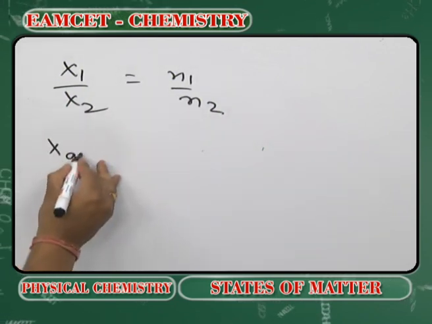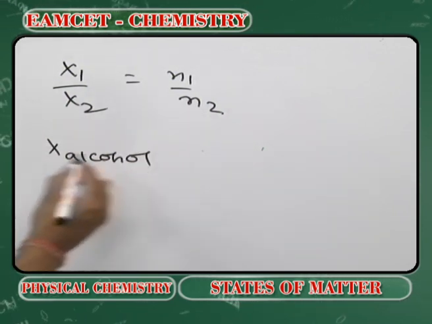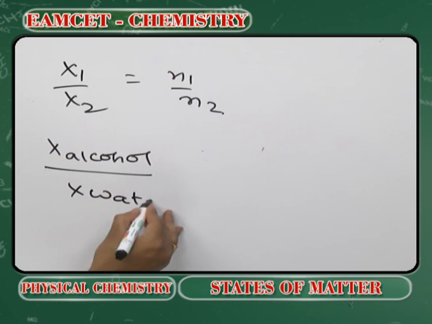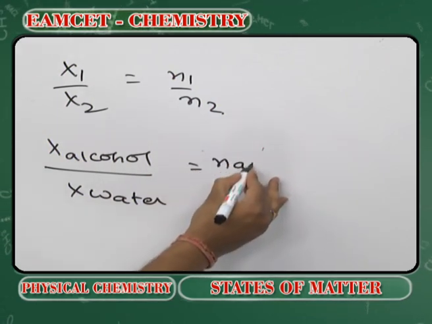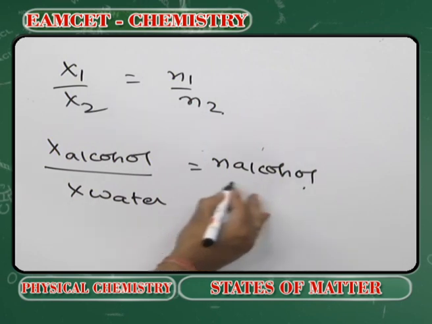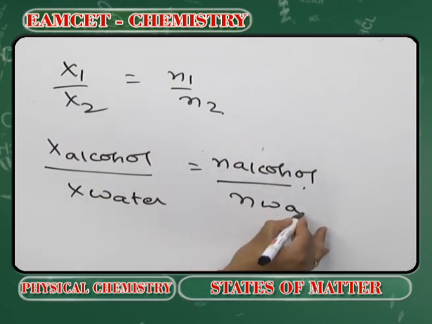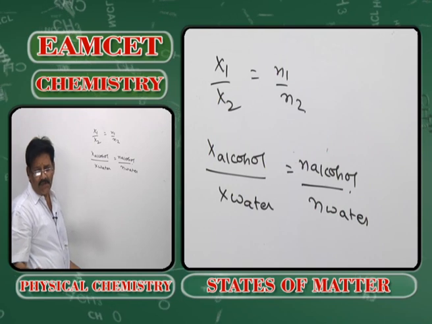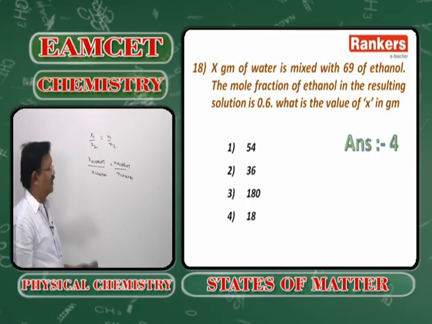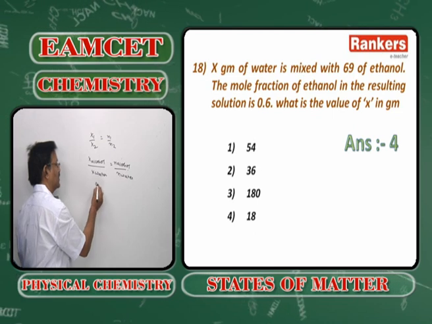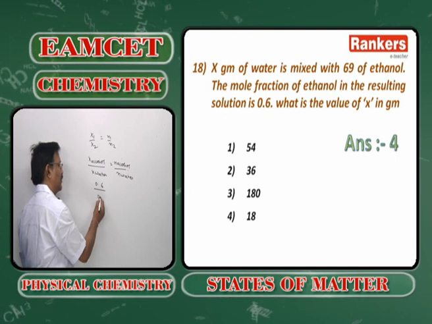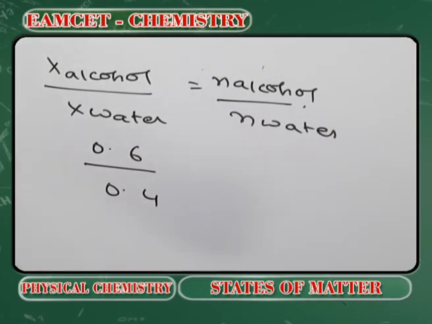Mole fraction of the alcohol by mole fraction of the water is equal to number of moles of the alcohol by number of moles of the water. Ratio of mole fractions will be equal to ratio of the number of moles. The mole fraction of the ethyl alcohol is 0.6, so obviously the mole fraction of the water is 0.4.